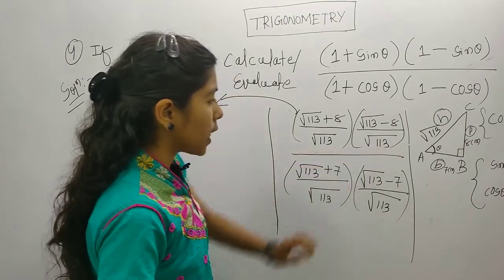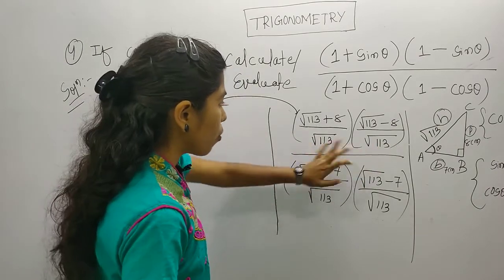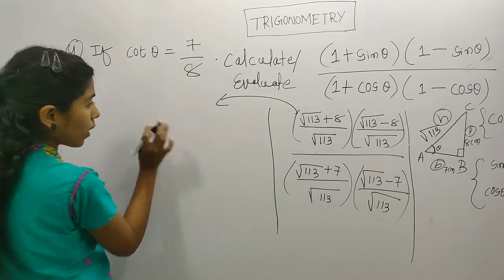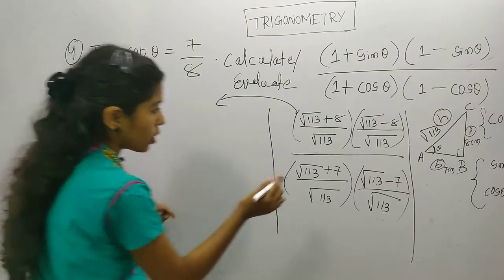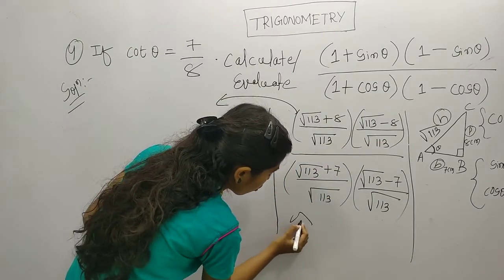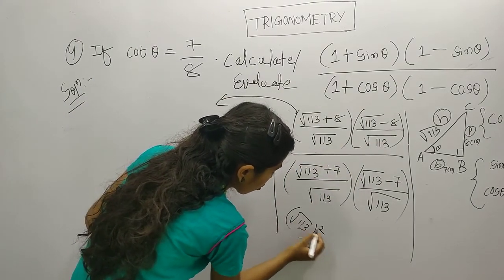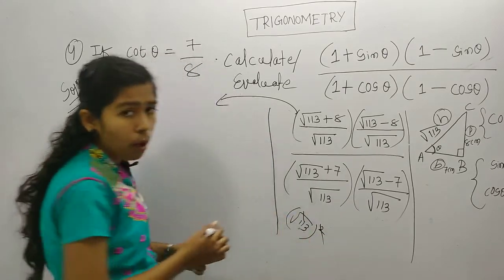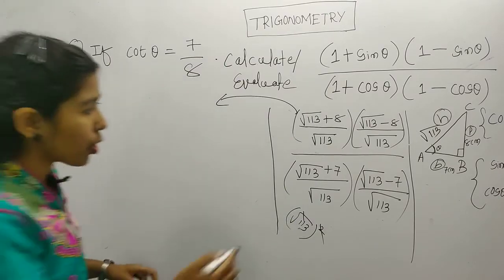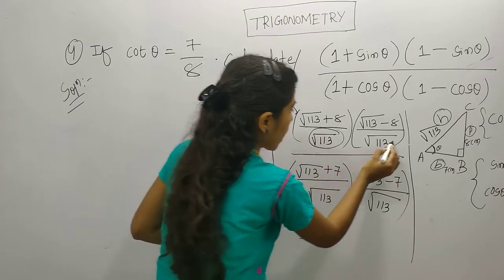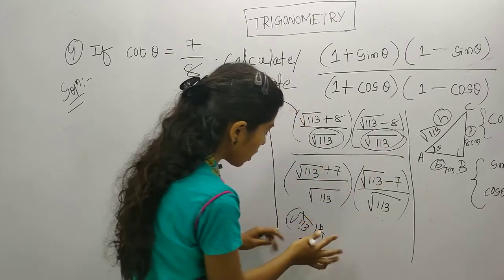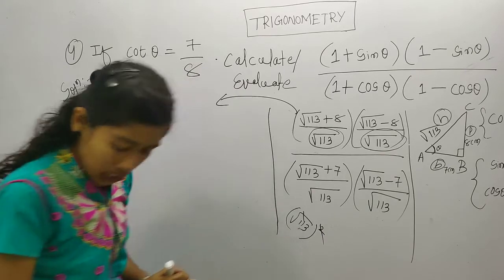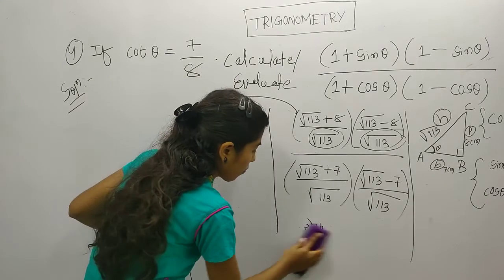So root 113 into root 113 becomes root 113 square. Here the LCM will be root 113 square, so root and square both cancel. So our LCM will become 113. Here you can see two root 113 are there, that's why root 113 square, so root and square cancelled, and our answer is 113.